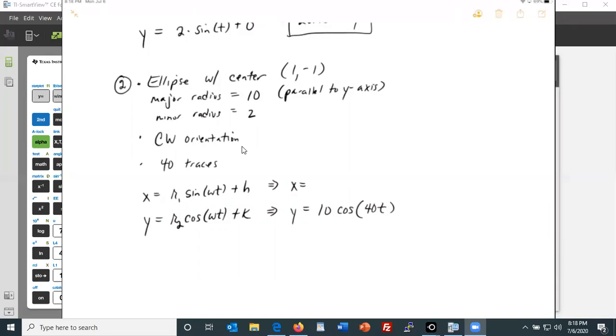K is -1, so we get -1 there. Now the equation corresponding to the minor radius will be x equals 2 times sine of 40t, and then plus the center, h, which would be +1. And there you go.